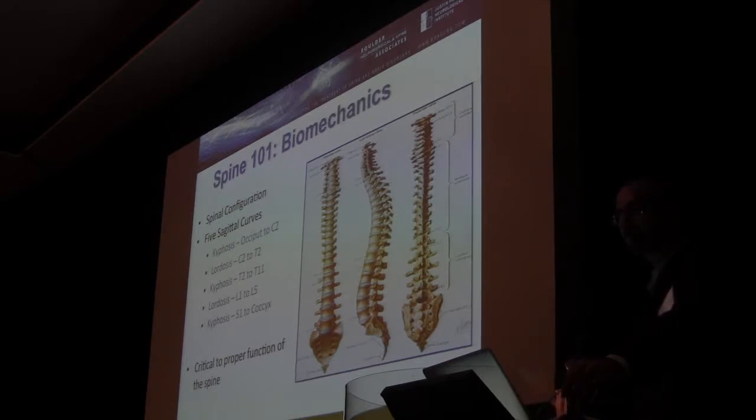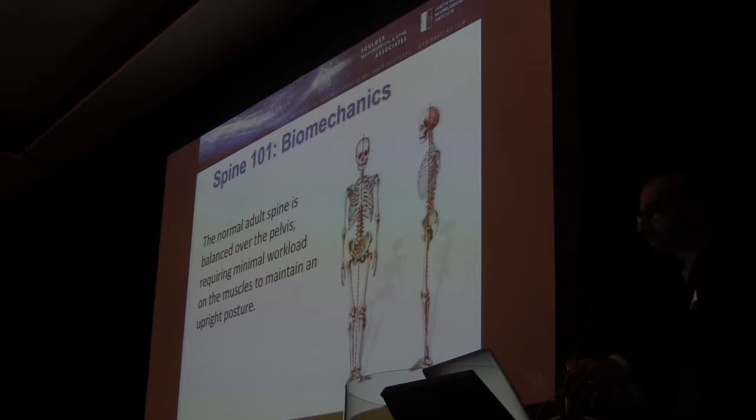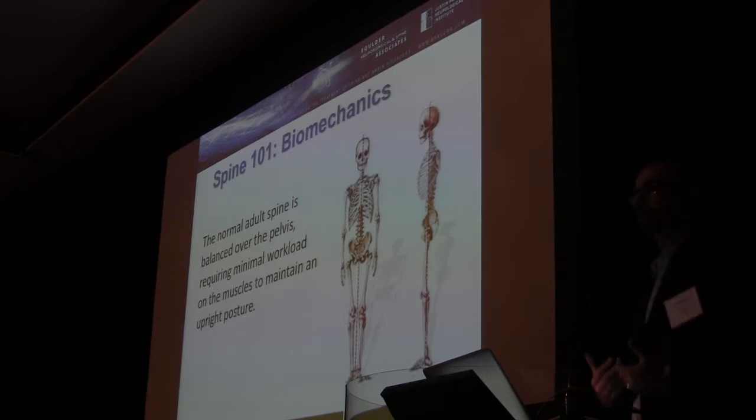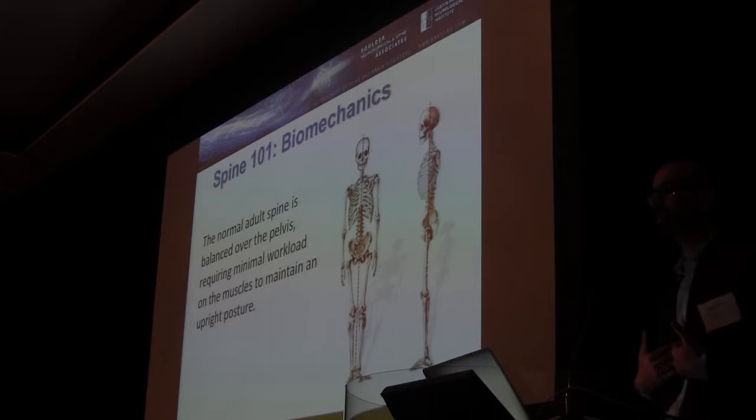If you look at them from the straight front, they should have a very straight spine. Okay, so that's very important. So lordosis and kyphosis are normal aspects of anatomy, and they're very important to the proper functioning of the basic spine. If you look at somebody when they're standing upright, the normal adult spine is balanced over the pelvis. It should require minimal workload to stand upright, and that means it's not a lot of work on the muscles to support that structure.